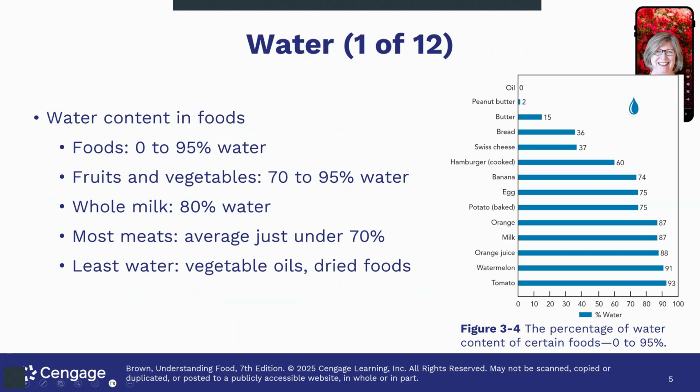The water content in foods varies widely from 0% in oil all the way up to 93% plus in tomatoes.